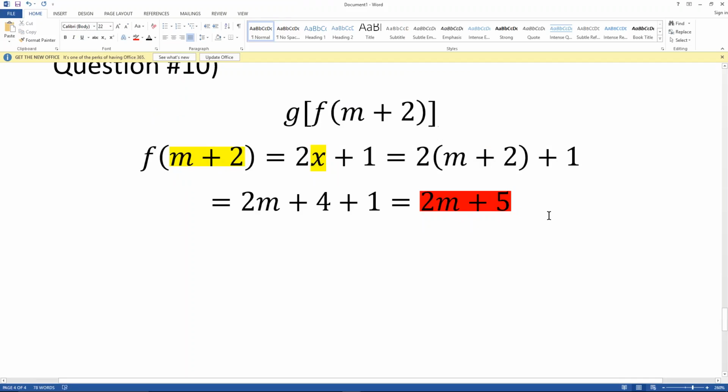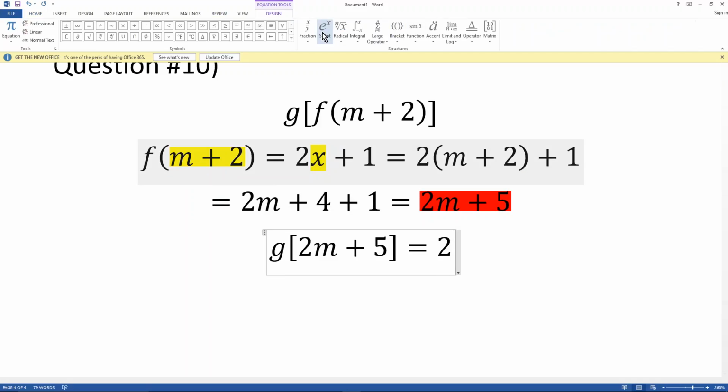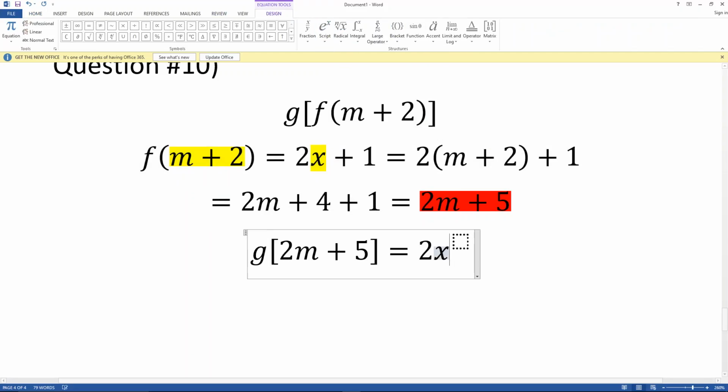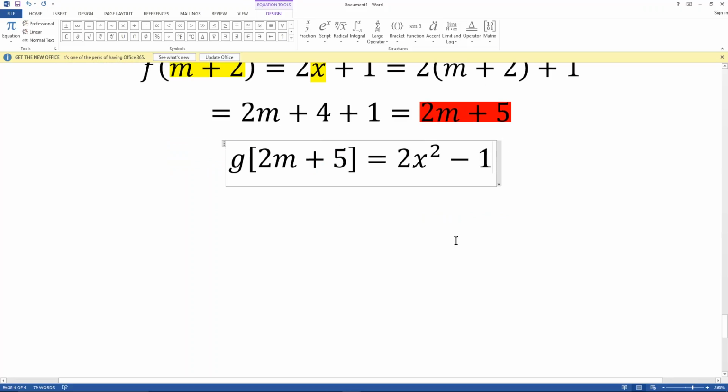So now it's going to read as g of 2m plus 5. My g function is 2x squared minus 1.